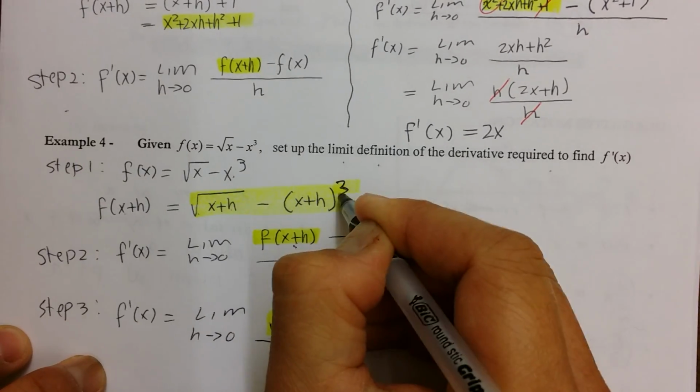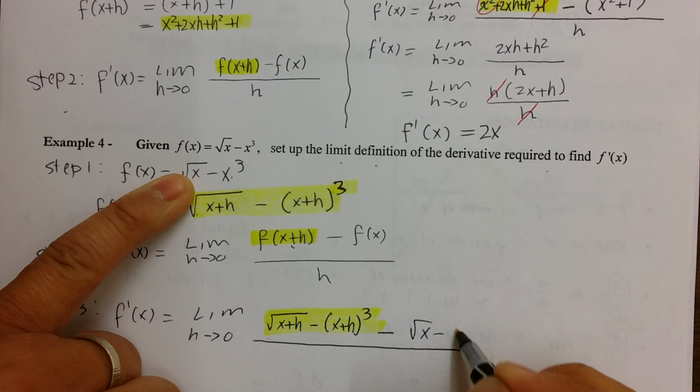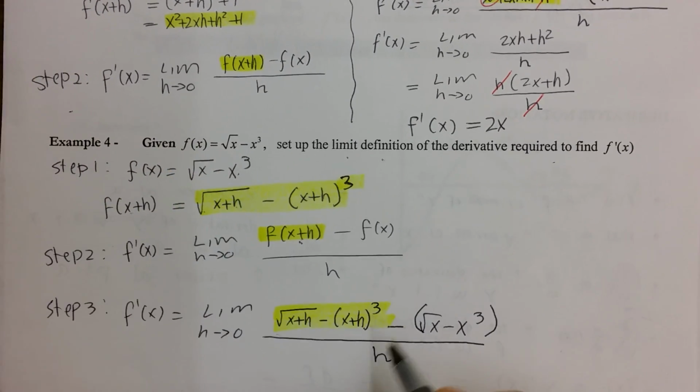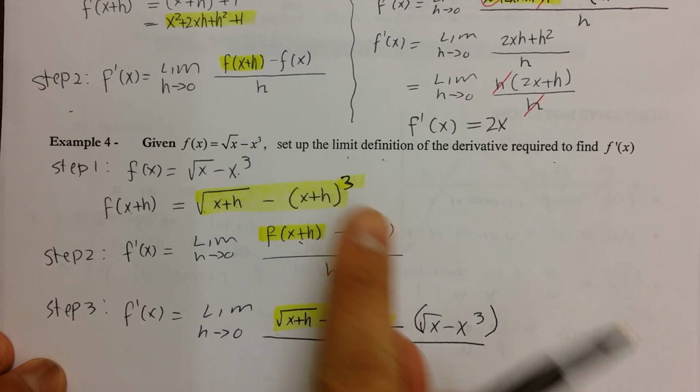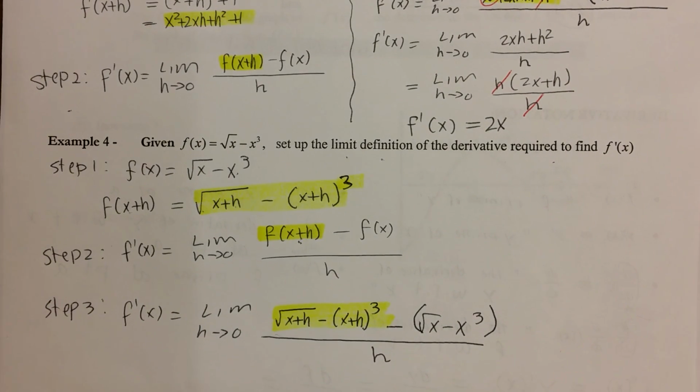Sorry about that, that's cubed. Minus, and then just this guy, the square root of x minus x cubed. Put that in the parentheses over h, and you're done. That's all they ask you to do. Just set it up. Don't simplify it. Don't go any further, because it is nearly impossible to go any further. Awesome. What's the next part? And then we'll continue on the back side.